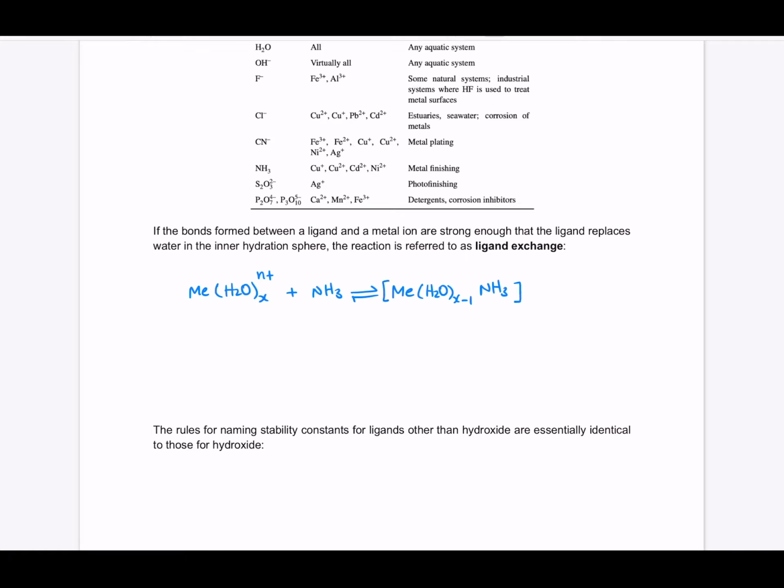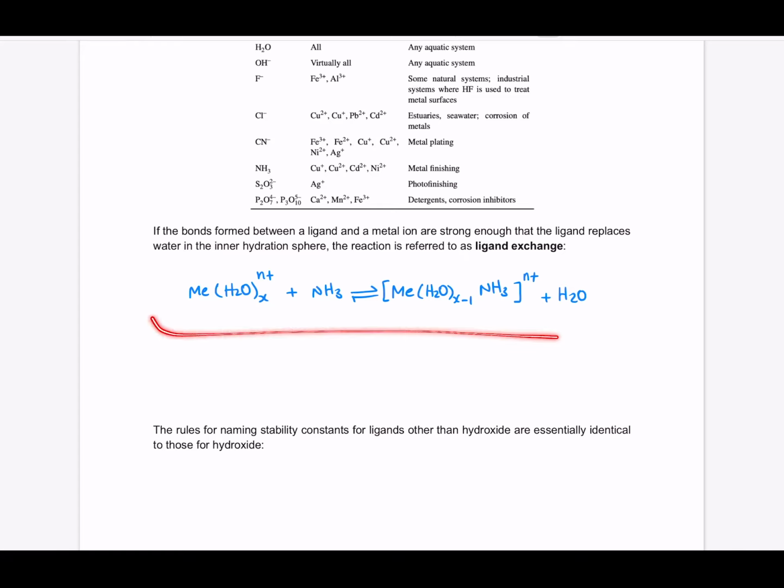This would still be n plus charge because ammonia is not changing the charge of the species, plus one molecule of water. So basically one molecule of water is replaced by one molecule of ammonia. A ligand exchange happens, because ammonia is a stronger ligand than water.